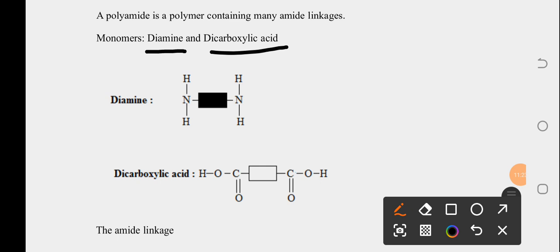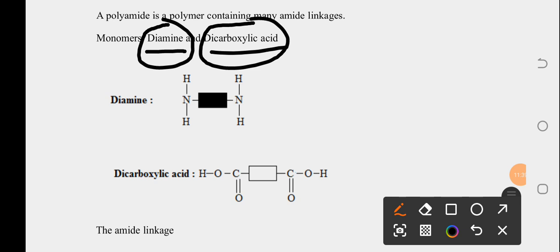So whenever you are asked to write the monomers which are used to produce nylon, just write diamine and also dicarboxylic acid. Maybe you are wondering, why are we saying diamine, dicarboxylic? The reason is simple.